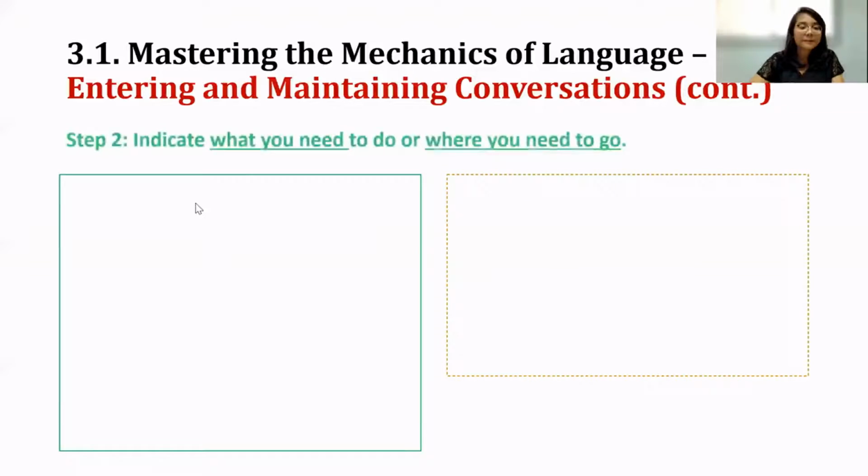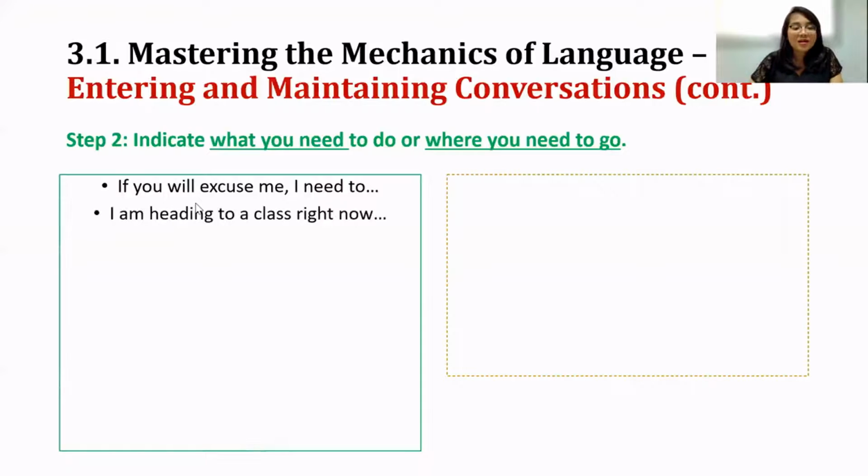Step 2: indicate what you need to do or where you need to go. Examples: If you will excuse me, I need to find a room for the meeting. I am heading to a class right now.